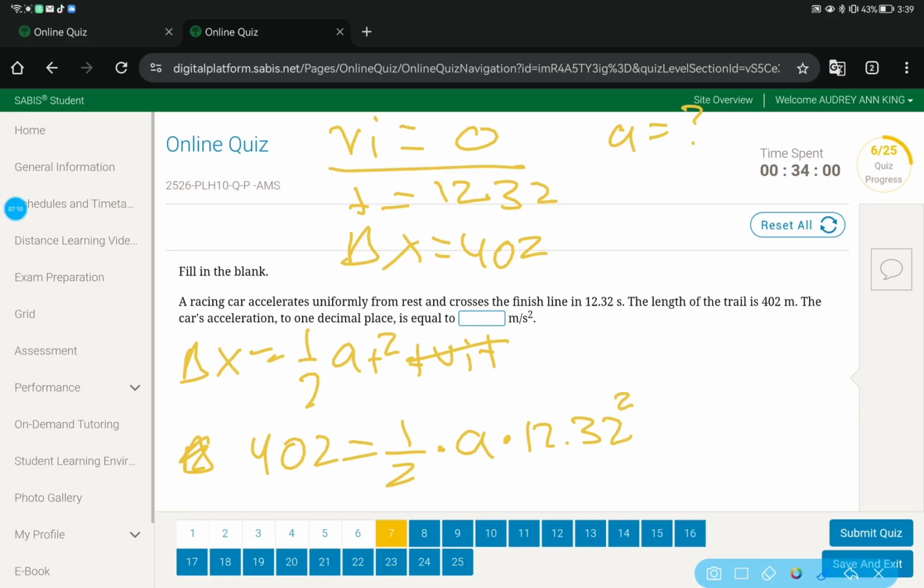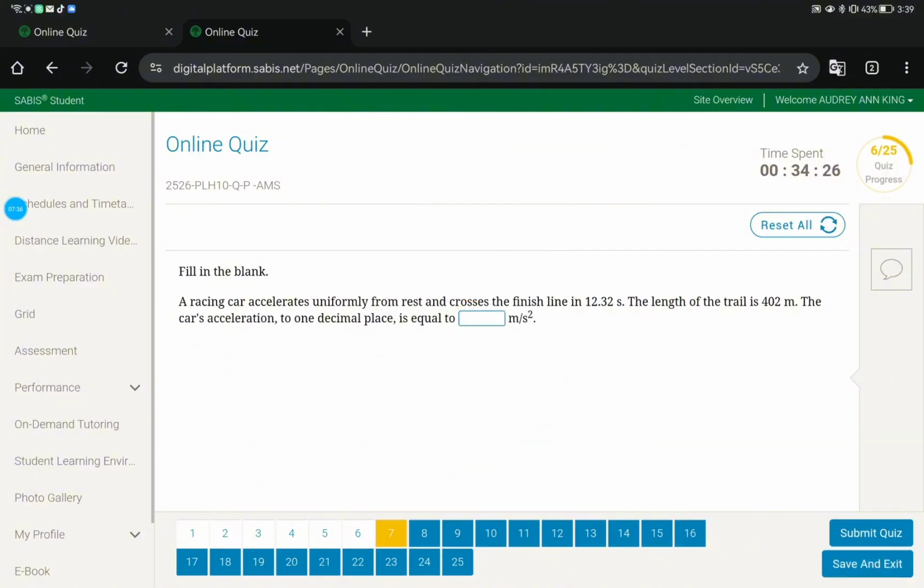So 12.32 squared, and you're going to multiply that by 1 over 2, and then whatever you get, you're going to divide 402 by that, but make sure it's 402 divided by whatever you get here, and not this divided by 402. Like 402 has to be first. So you should get 5.3 after rounding.